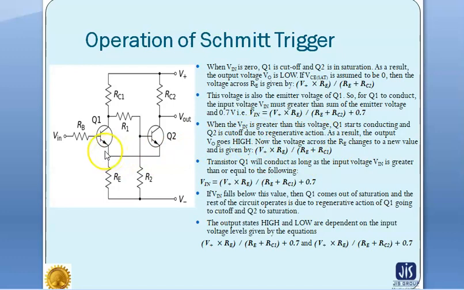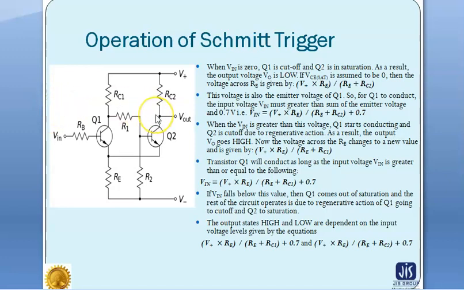Now this transistor will be conducting as long as the input voltage is greater than or equal to this voltage, that is the voltage here plus the base to emitter voltage drop 0.7. So when the input voltage V in falls below this value, Q1 comes out of saturation, that is, it will be in off state.